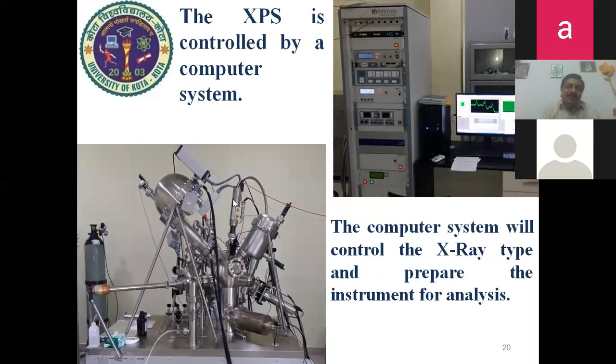It can generate aluminum K alpha or magnesium K alpha photons, and other electronic circuitry is also connected. But nowadays these conventional XPS systems are quite automatic, and a computer system can be used to control the X-ray generation, measurement of the XPS spectrum, as well as detection of the XPS signal.